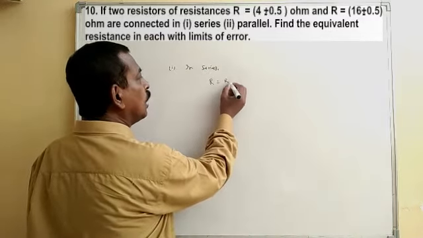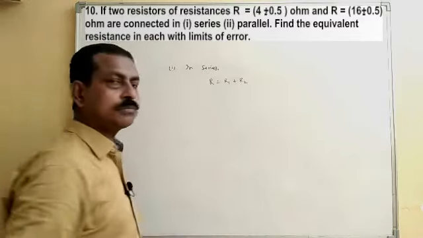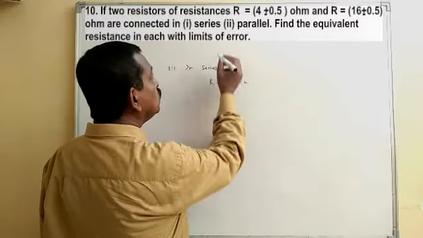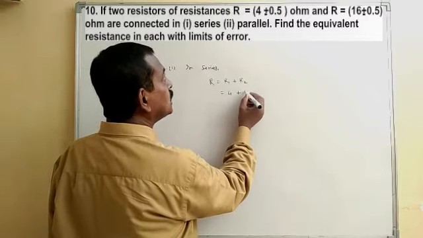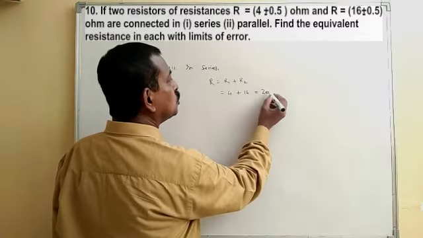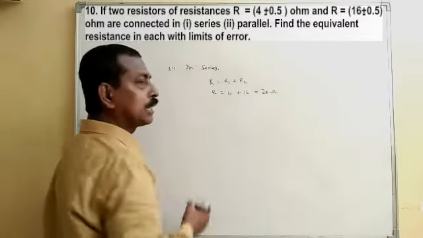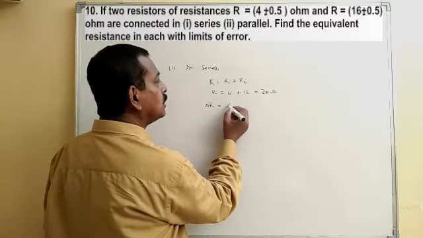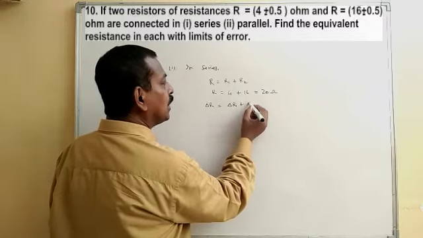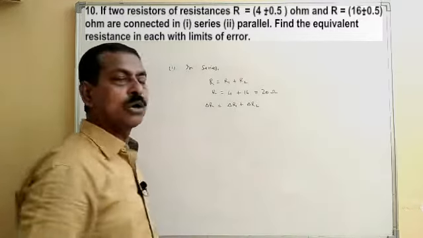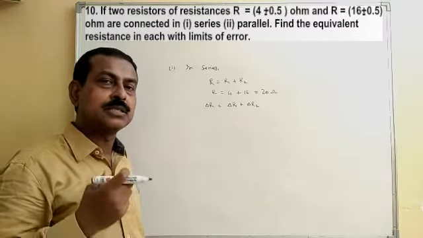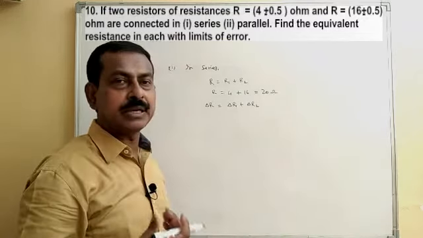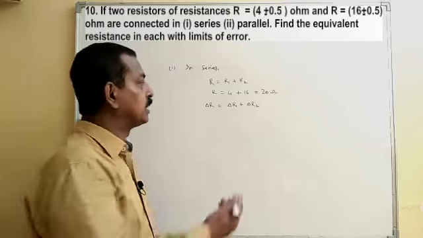R equals R1 plus R2. So the value of R is 4 plus 16, that is 20 ohm. If you take the error, delta R is delta R1 plus delta R2, because the total error in the sum of two physical quantities is the sum of the errors in the individual quantities.